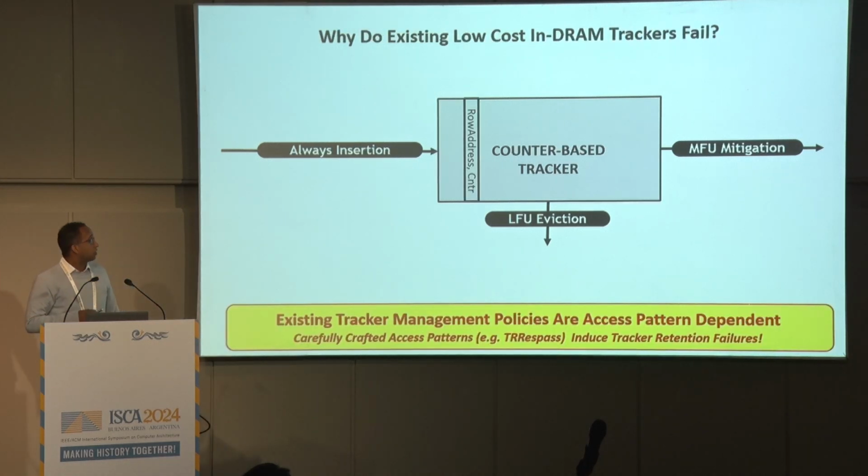Okay? So, using these modes in mind, why do existing low-cost trackers fail? Existing low-cost trackers are counter-based, and use frequency information to decide what to evict and to decide what to mitigate. Since frequency information is access pattern dependent, attacks like Trespass and Blacksmith were carefully crafted to bypass these mitigations, to render these trackers insecure.